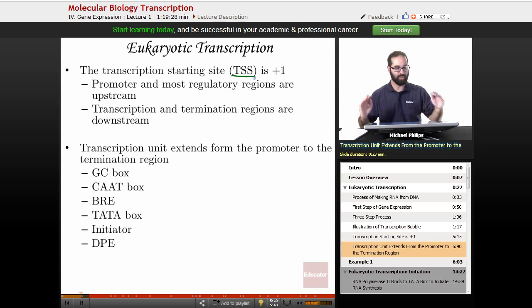And our transcription unit, the entire unit, extends from the promoter to the termination region. And it will include such things as a GC box, a CAT box, TATA box, BRE, initiator, DPE. And I'll tell you what each one of these are in the following slides.